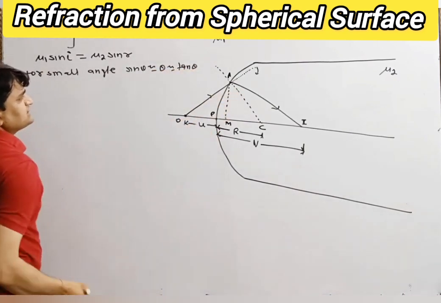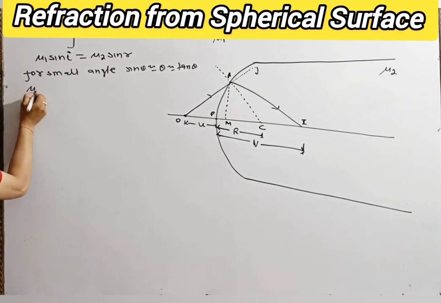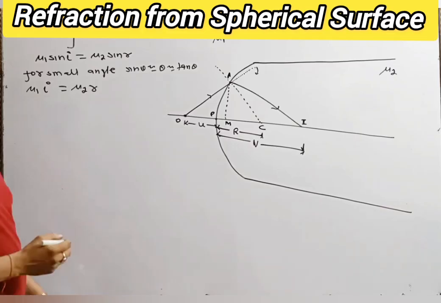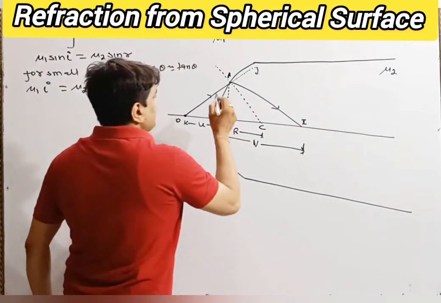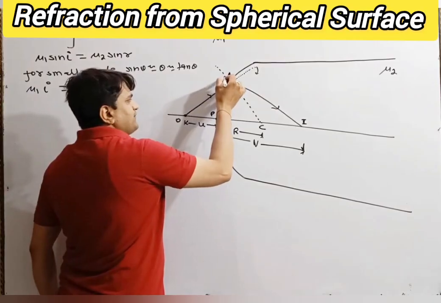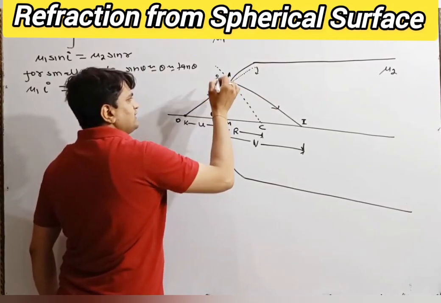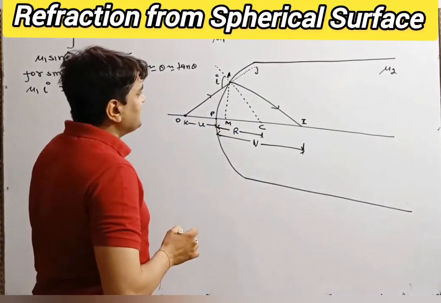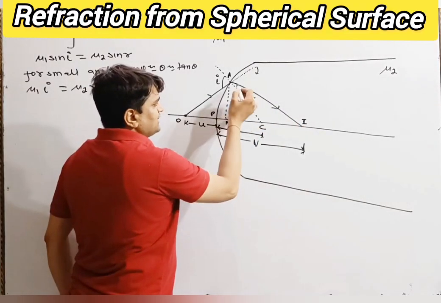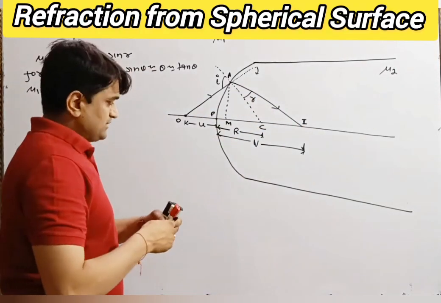We will use this in this equation. So you can write mu1 i must be equal to mu2 r. Now let us have i. The incident ray makes angle i with the normal, and the refracted ray makes angle r with the normal.